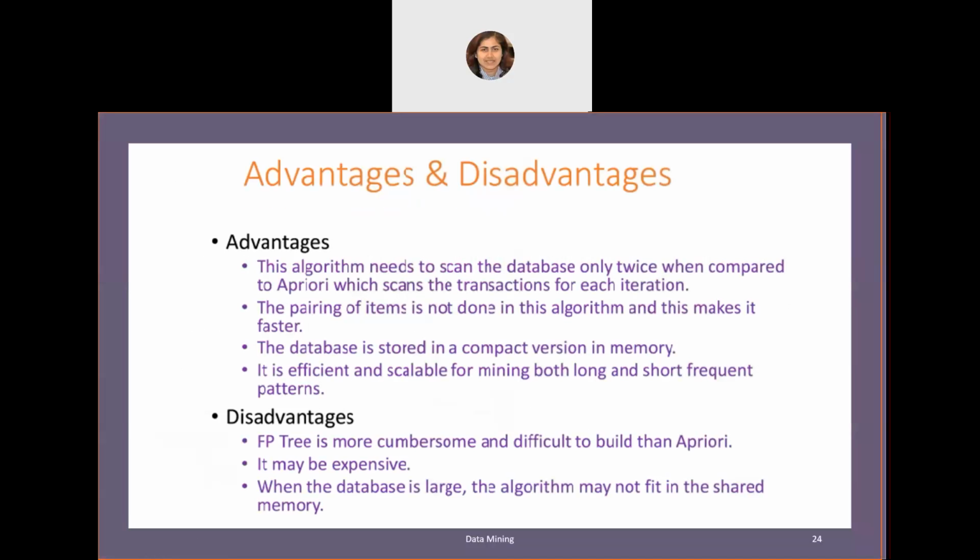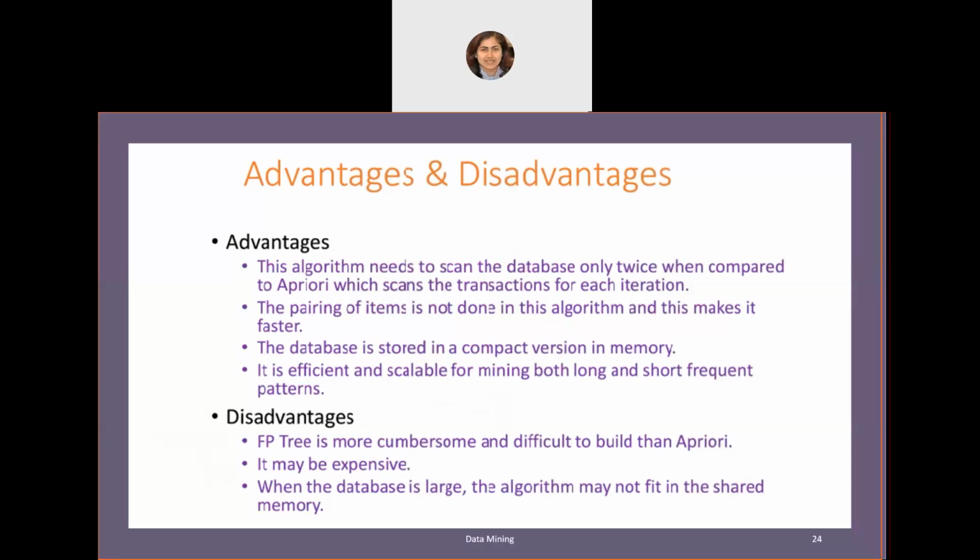Next come the advantages and disadvantages. The FP tree algorithm only scans through the database twice, whereas the Apriori algorithm scans the transactions in every iteration. So Apriori is more expensive. Here pairing of items is not done as in the case of Apriori.